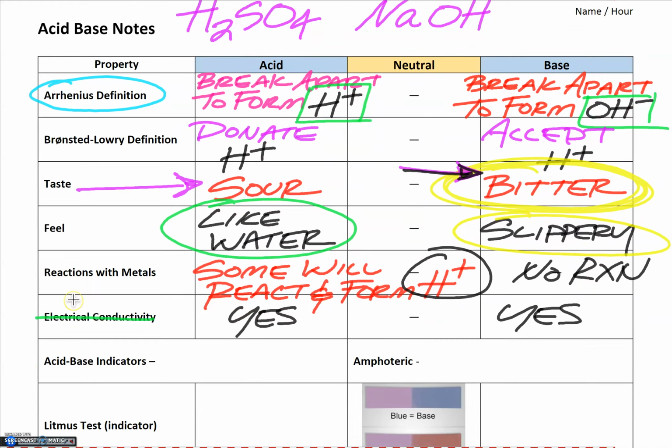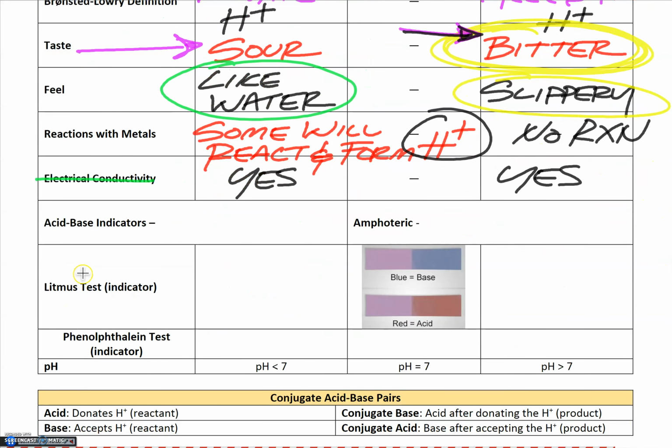All right, so I'm going to slide down here, and we got acid-base indicators, and we got the term amphoteric. Let's talk about acid-base indicators. Acid-base indicators are things that change color, not really to determine pH, but they change color with pH. You can use a pH key like we have done in some of our labs to determine what you have.